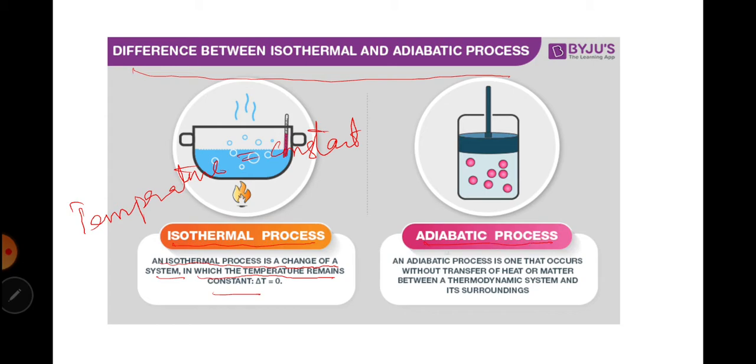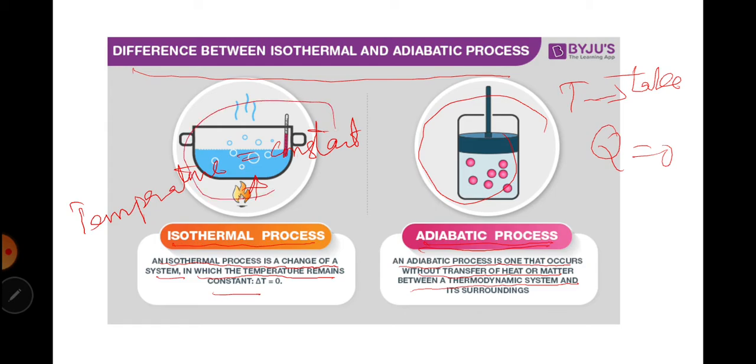An adiabatic process is one that occurs without transfer of heat or matter between the thermodynamic system and its surroundings. In this system, no heat enters or leaves the system. Here, change of temperature takes place. Here, no heat can be given to keep the temperature constant. Heat can enter or leave the system in an isothermal process to keep the temperature constant.